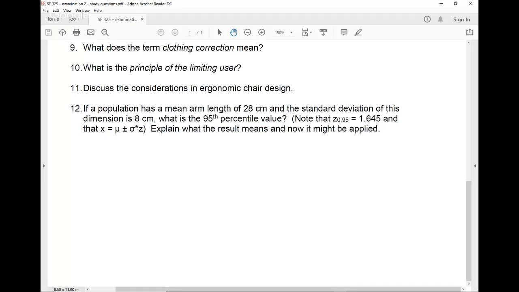So what is that interval? If you look at this equation, you see it has plus and minus. When I say what is the 95th percentile value, what I'm wondering is, what are these two numbers there and there? Well, that's wrong.